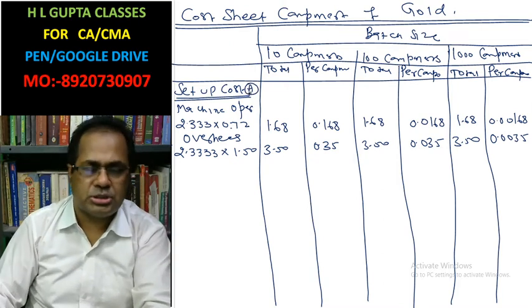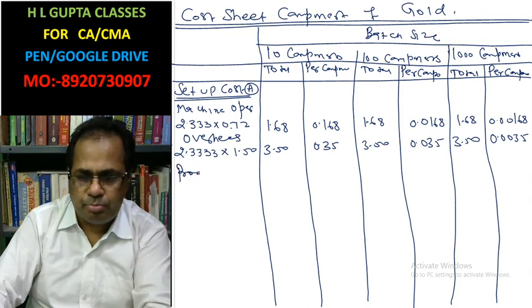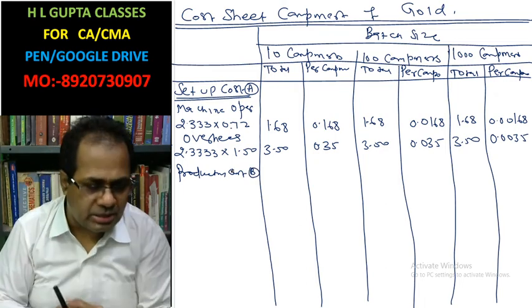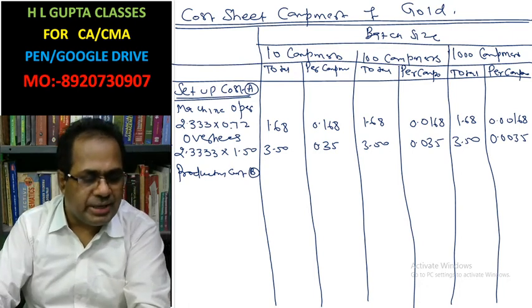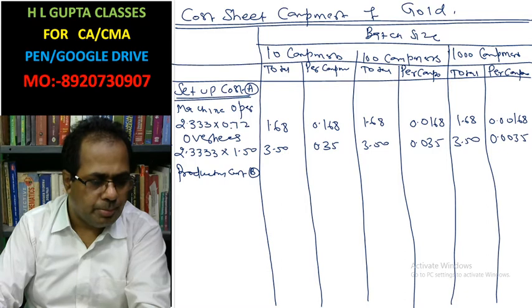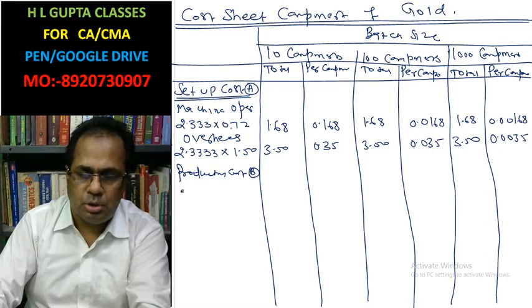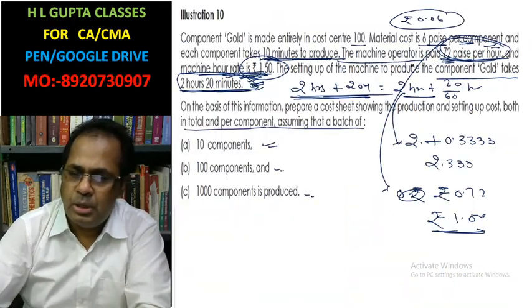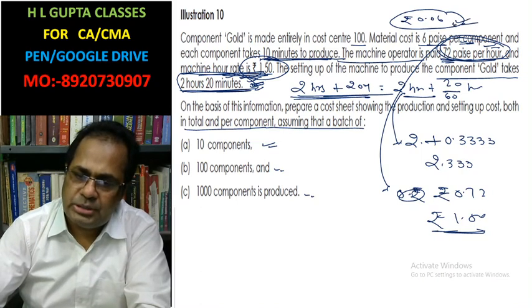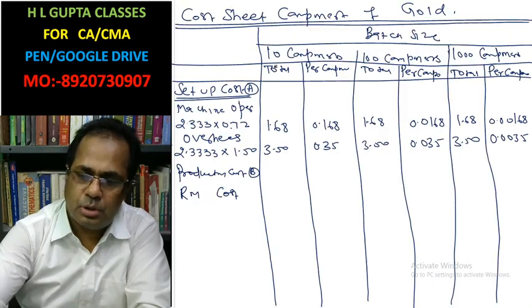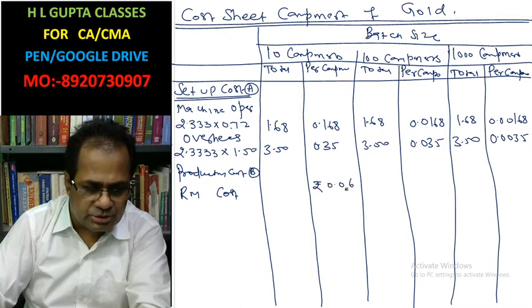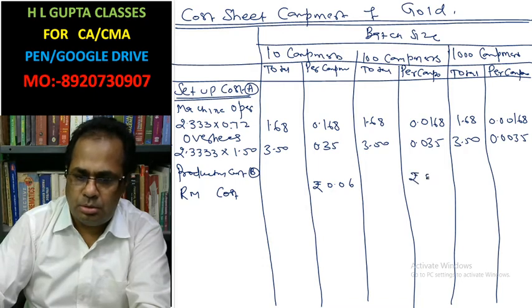Thereafter you have to calculate the production cost. Production cost means material cost, operating cost, and overhead. Now the raw material cost: it is given in the question as 0.06 per component.